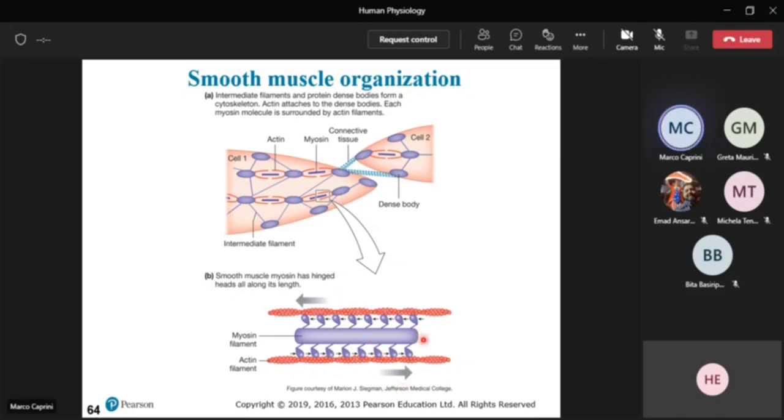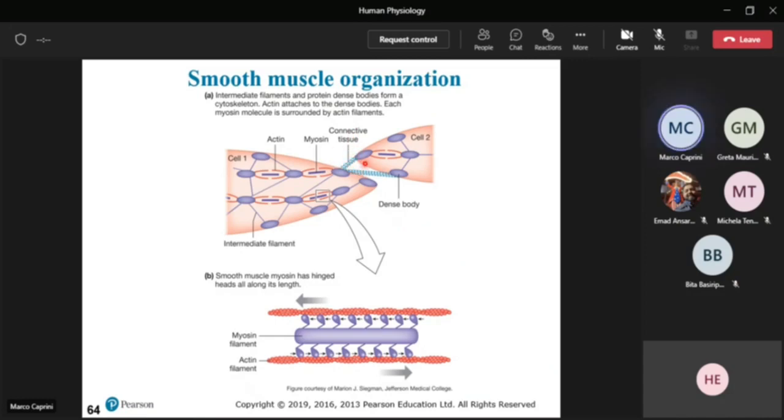Another difference is that there is an extensive cytoskeleton, not only here in the intermediate filaments, but also inside of the cell and outside of the cell, let's see here the connective tissue. What is the role of connective tissue?